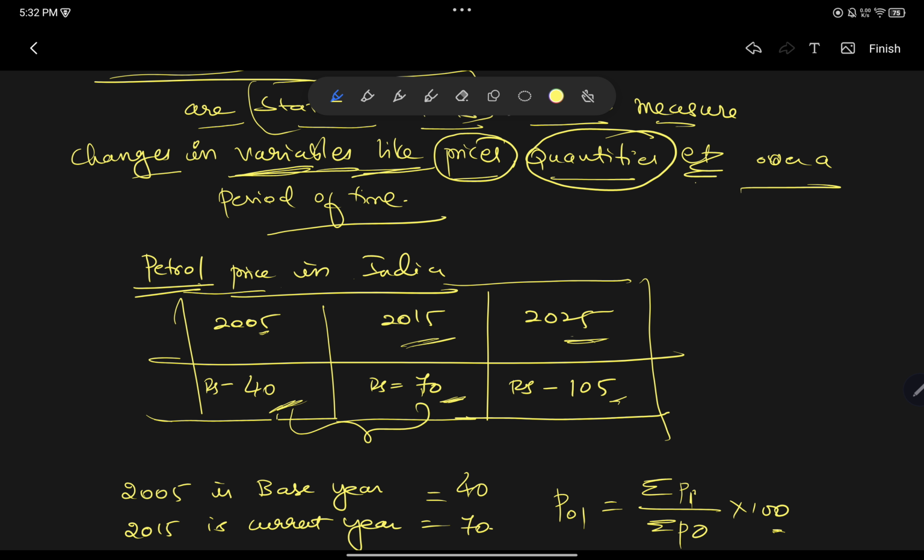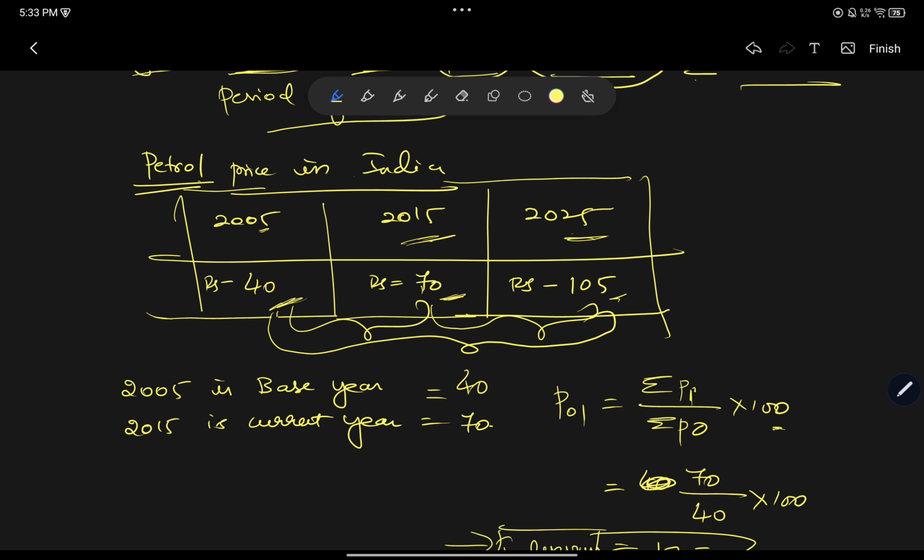We can compare 2005 with 2015, 2015 with 2025, even 2005 with 2025. So at least two prices, two quantities or two values are required to compare and see how much change has occurred over a period of time. So it's important that we need index numbers.